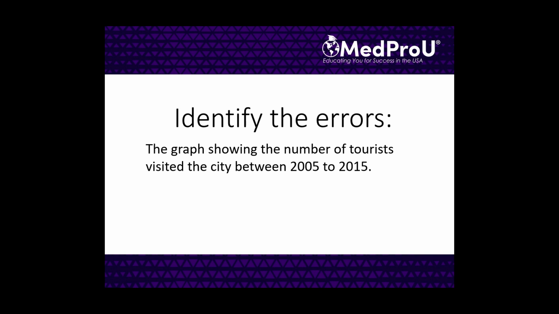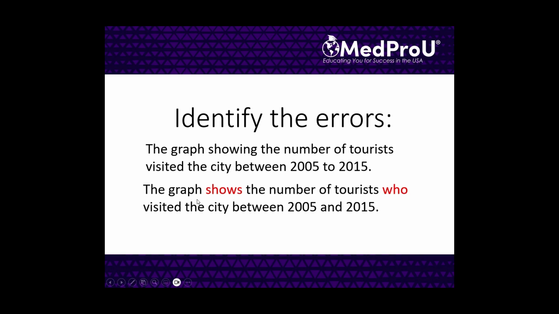The graph shows the number of tourists visited the city. I think there's one more error. Yes, who visited. That's right. So the graph shows the number of tourists who visited the city between 2005 and 2015. So, tourists who visited.